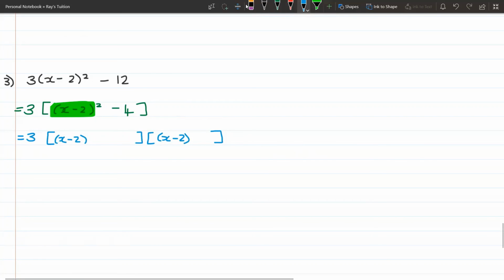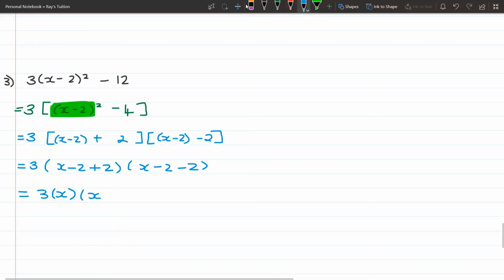And then the second one is the square root of the second term, which is 2. Finally, we're going to add a plus and a minus. So this here will simplify to 3[x − 2 + 2] times [x − 2 − 2]. Finally, this just gives us 3, the x's cancel out, times (x − 4), which you can just write as 3x(x − 4).